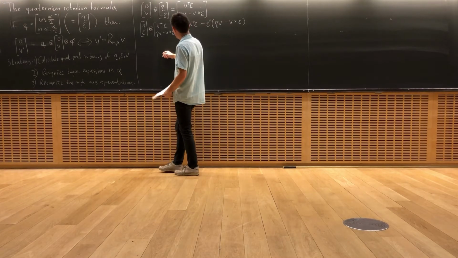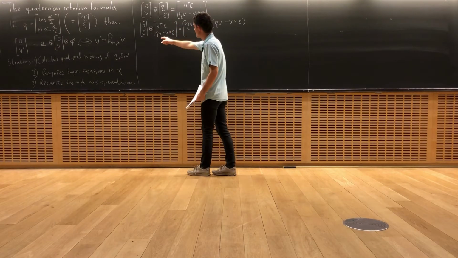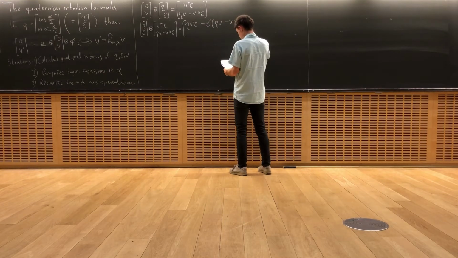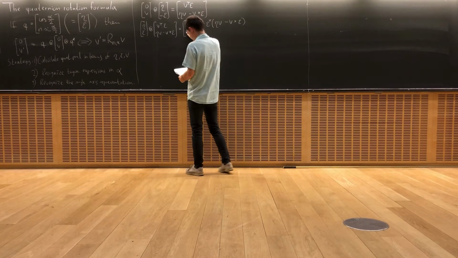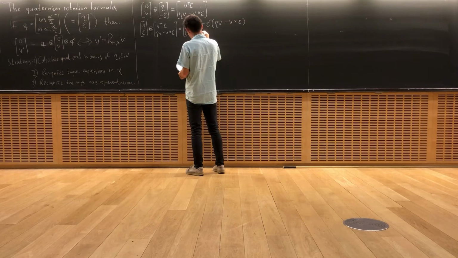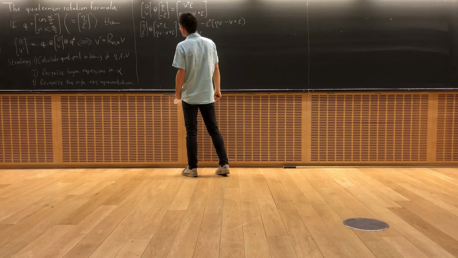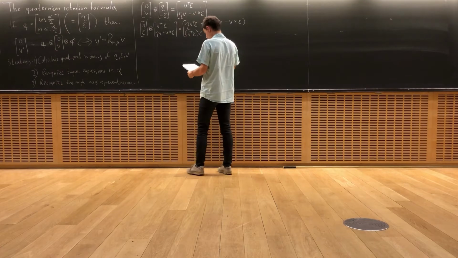This one times this. Then I'm going with the new scalar part, so look at the new vector part. So I have this one times this one.